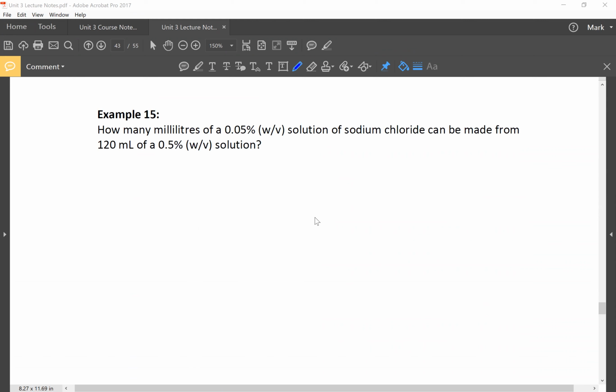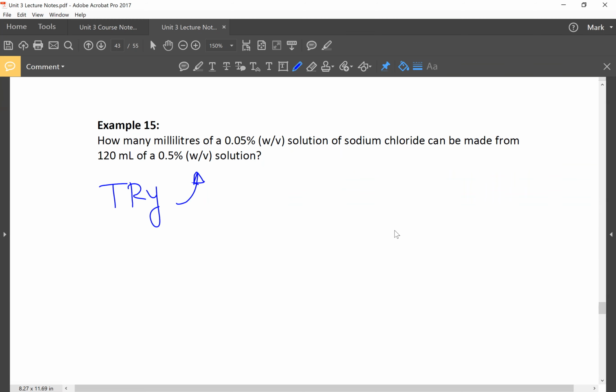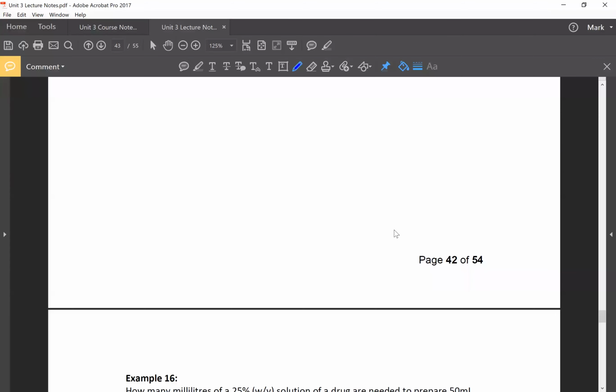How many milliliters of a 0.05% solution, so this is weight over volume, how many milliliters of sodium chloride can be made from 120 milliliters of a 0.5% solution? So I'm going to give you guys a couple minutes to see if you can try this one. This one is a little bit different. And if you finish 15, you could also try 16.